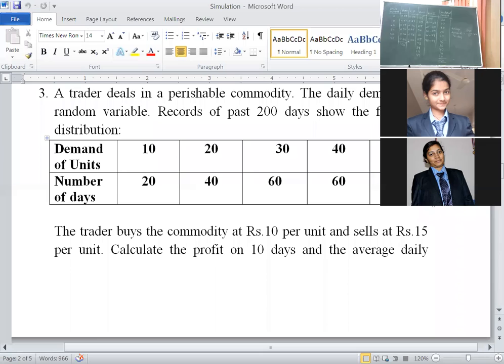Random numbers are given downwards. Just go through the sentences. I will give 1 minute. It's 10:53 till 10:54. Read the problem carefully.